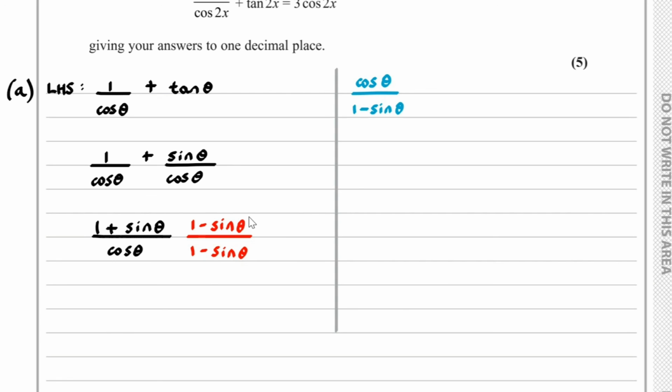And really what I want is for the cos theta to cancel with something on the top, leaving me with just the 1 minus sin theta on the bottom.